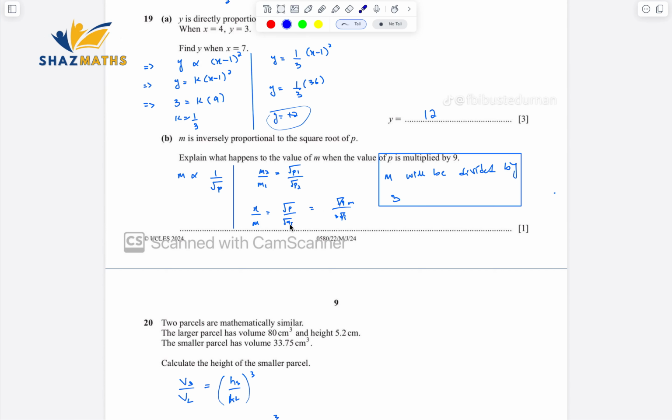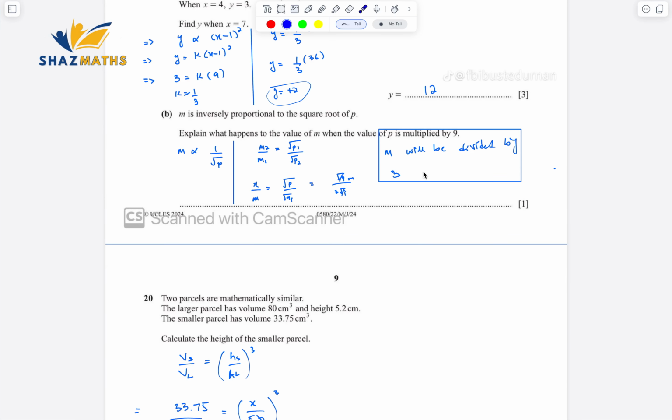Okay, so x would become square root of p over 3 square root of p, which will cancel out, times m. So what's happening is m is being divided by 3. So I'm going to say m will be divided by 3. That's my final answer.